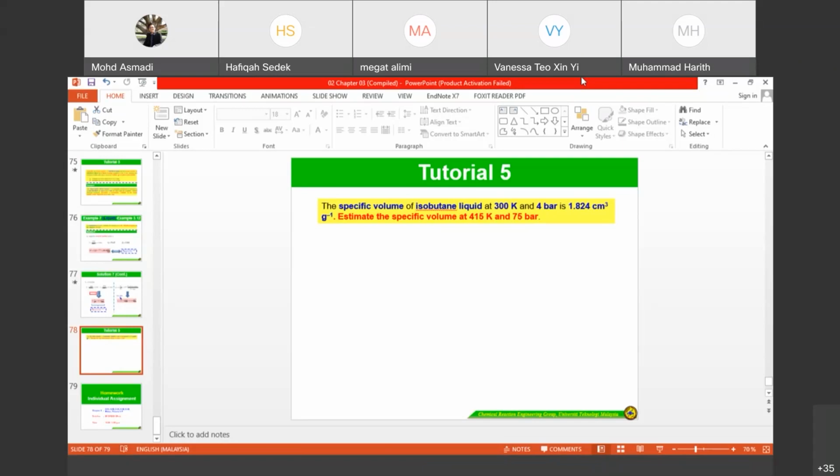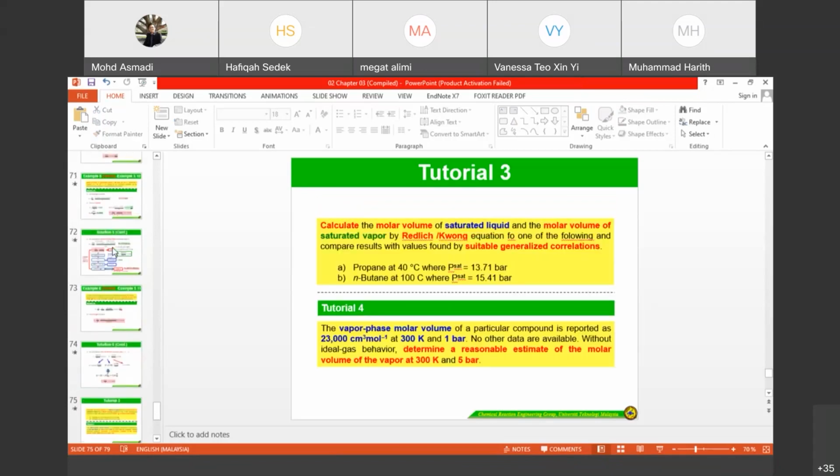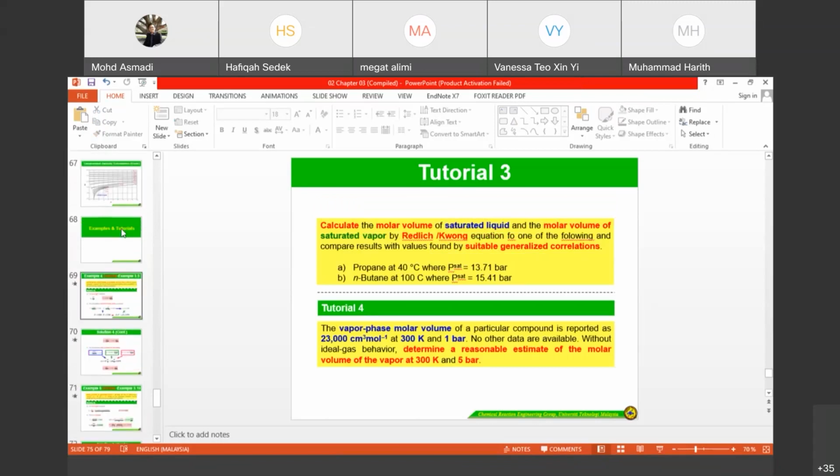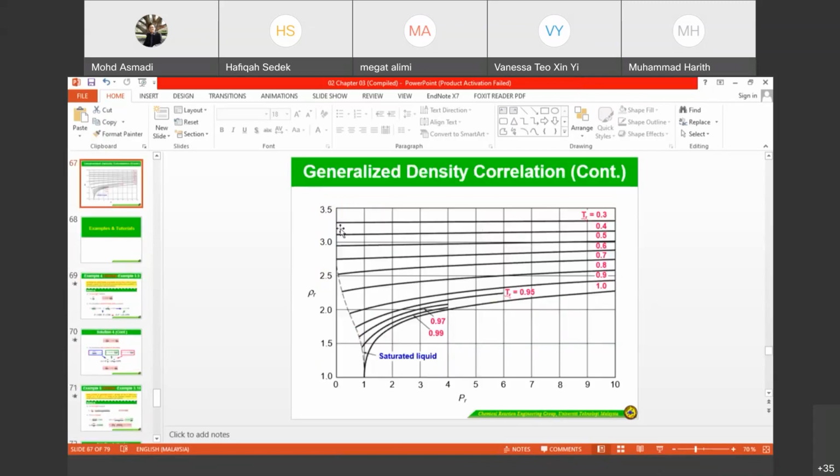Doctor, we need to interpolate to find Z naught. Yes, Z naught and Z prime, you have to do the interpolation. Because as I told you, the values of TR and PR are not within this region.